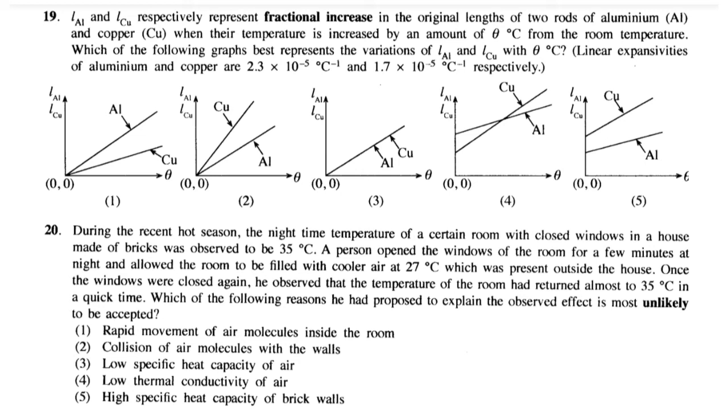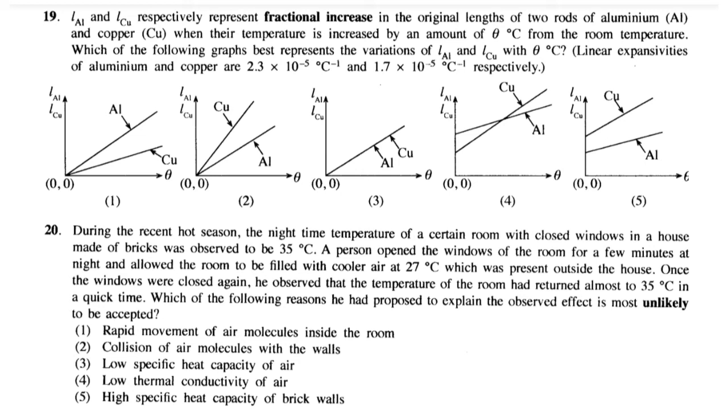Then he closed the windows again and observed the temperature, and he noticed that the temperature had returned back almost to 35 degrees Celsius in a quick time. And they are asking, out of the given answers, which one is most unlikely to be accepted to explain this happening.